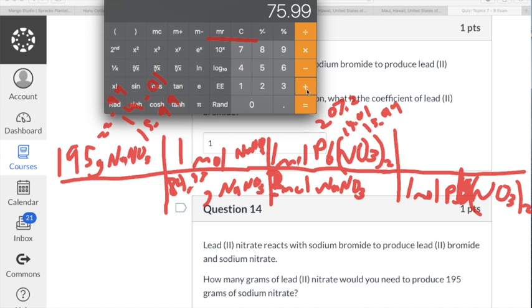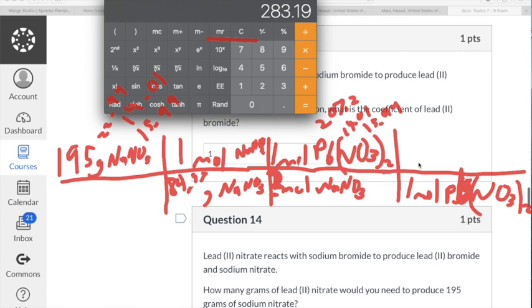Then I'll add in my last 207.2 here for my lead. There's only one of those, and I get 283.19. I'm going to write that down right now on my scratch piece of paper for easy access later. 283.19, which would be my answer.